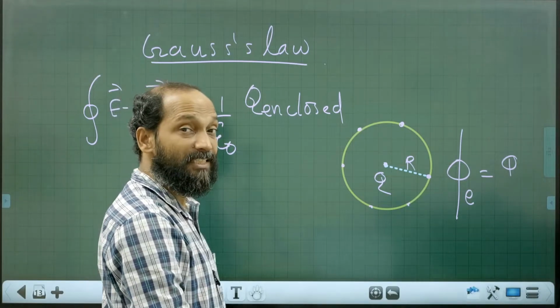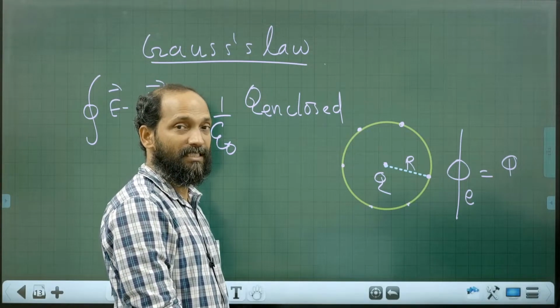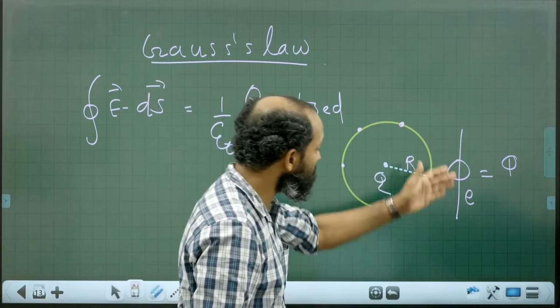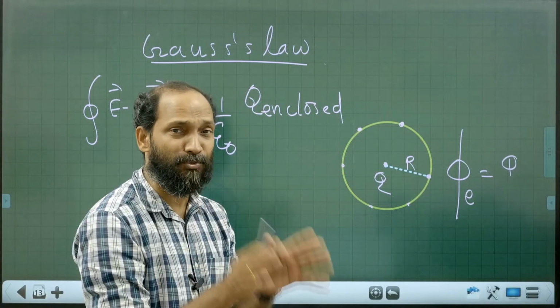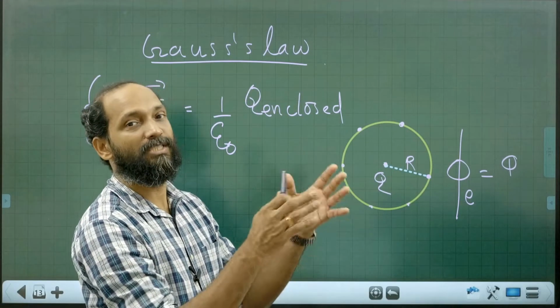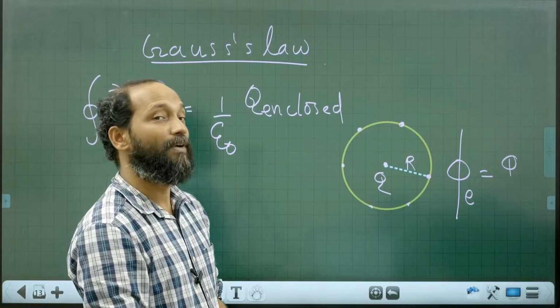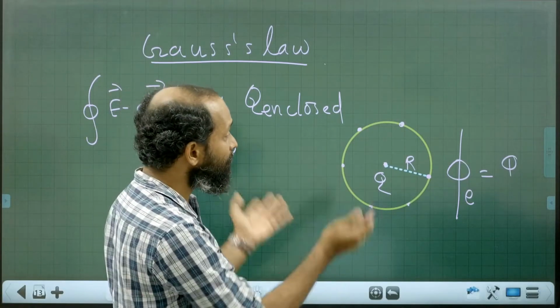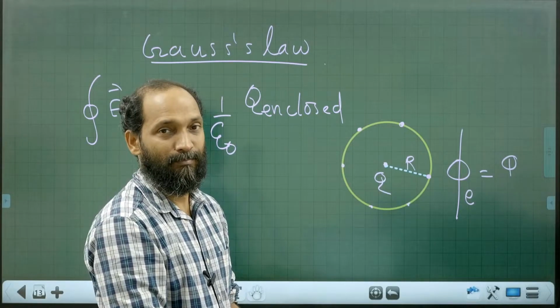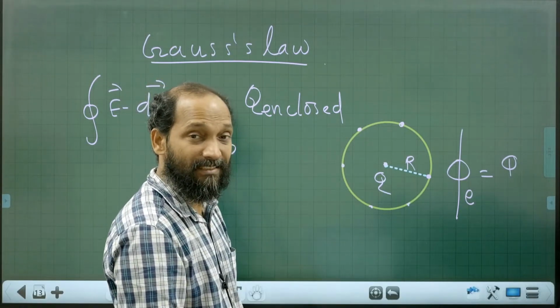Their directions are different, no concern about that. The field should have the same magnitude at the Gaussian surface while finding the field, otherwise the field would be different. But while finding flux, there is no such concern.